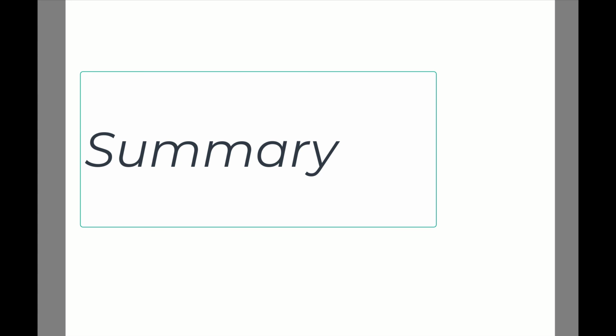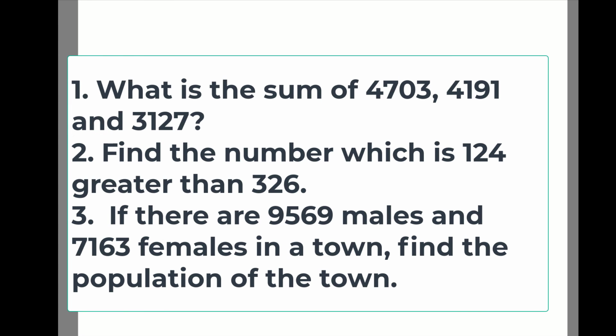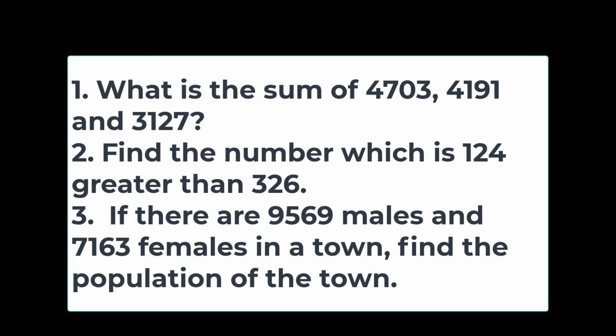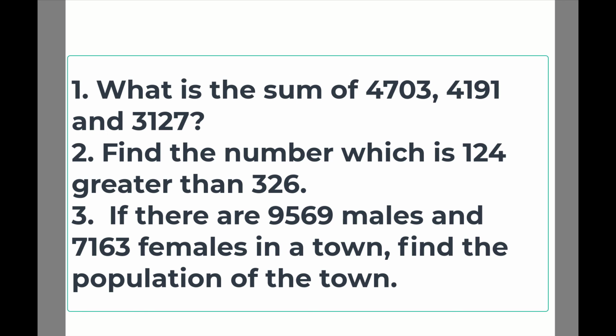Okay, so take these questions as your homework. The first question is, what is the sum of 4,703, 4,191, and 3,127? The second question is, find the number which is 124 greater than 326.